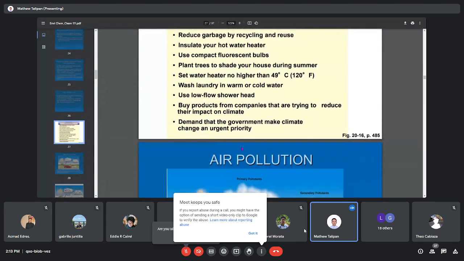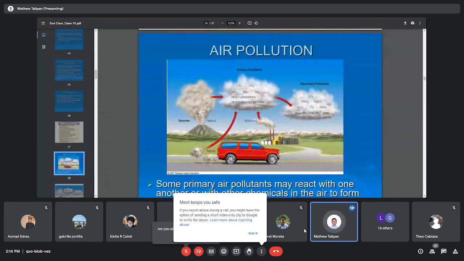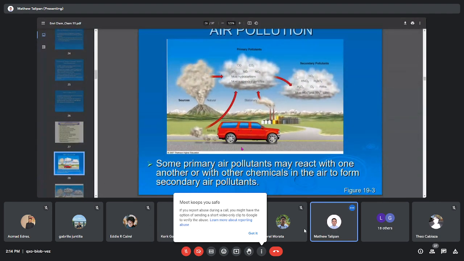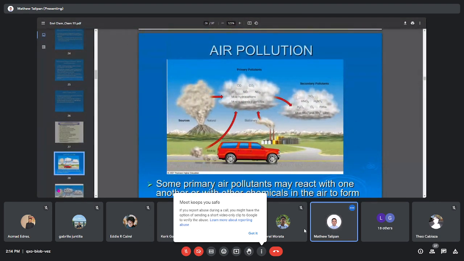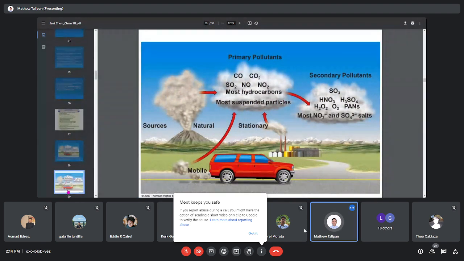Okay. So the interaction of the pollutants in the air is also causing air pollution. Part of these pollutants are coming from two origins. We have natural sources and anthropogenic sources, or human activities.